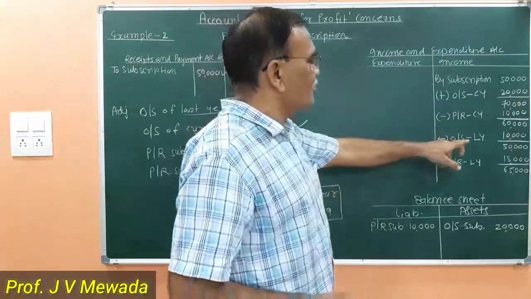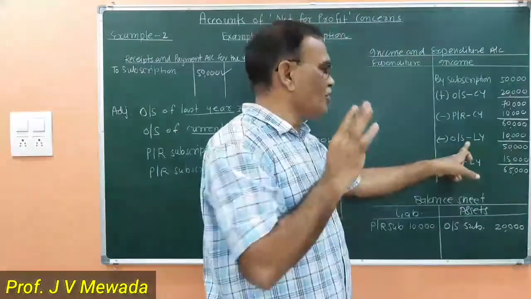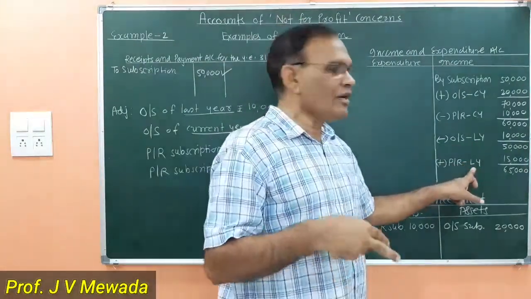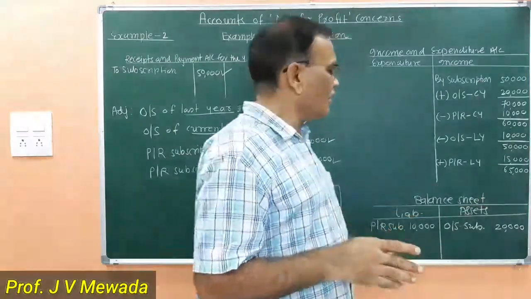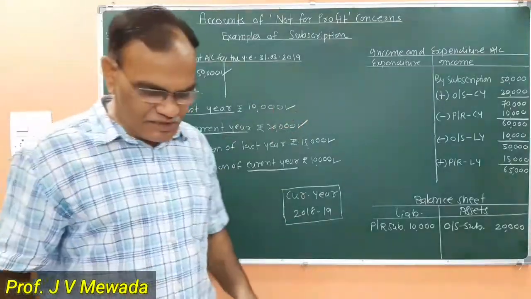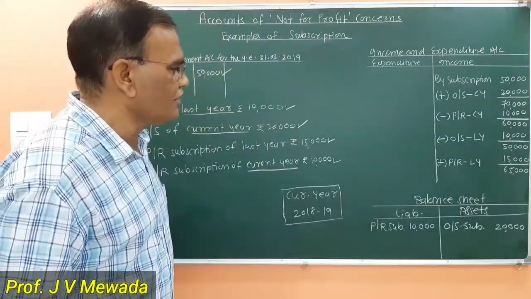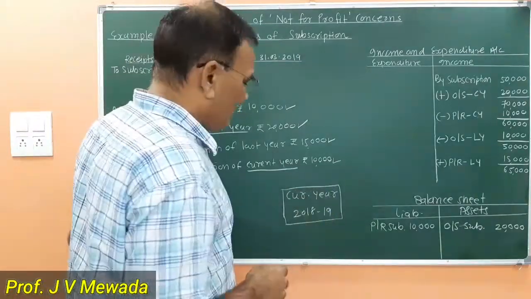Now outstanding of last year appears in the opening balance sheet, and that we are not preparing, and pre-received of last year also appears in the opening balance sheet, that we are not preparing. Okay, so these are the treatments. Our subscription is 65,000. On the liability side we have 10,000, and on the asset side we have 20,000.